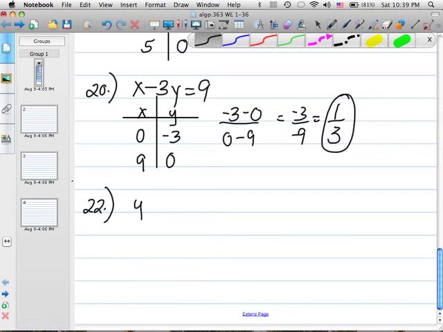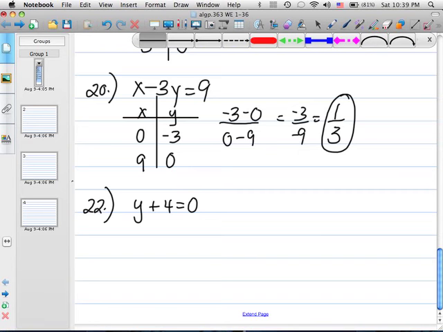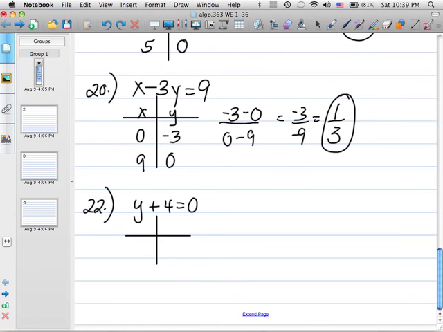22, I have y plus 4 equals 0. Since there's no x, let me finish that line there. Okay.